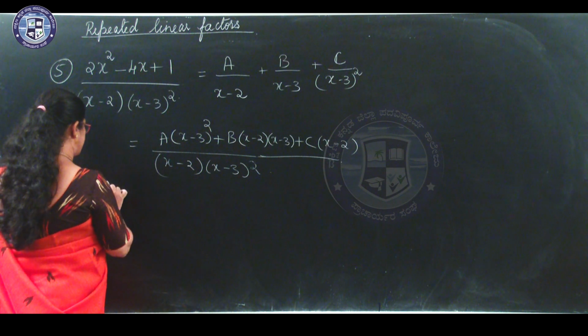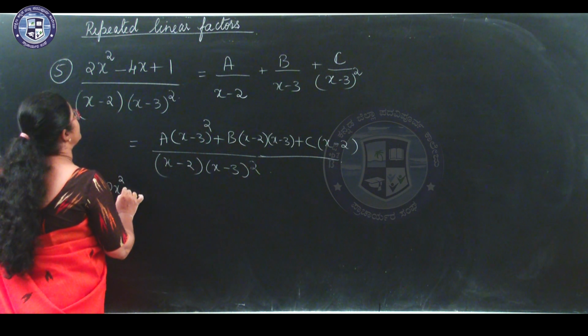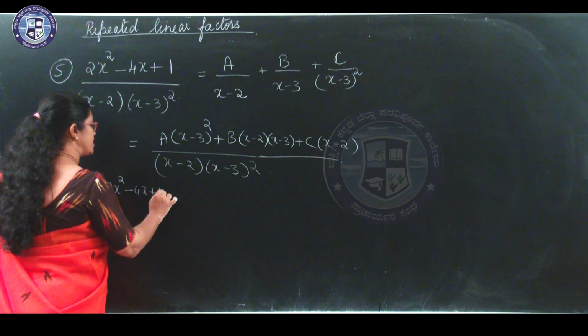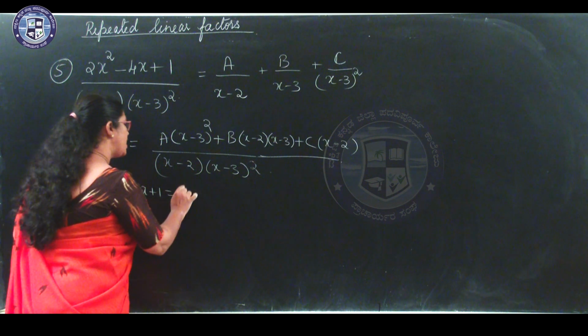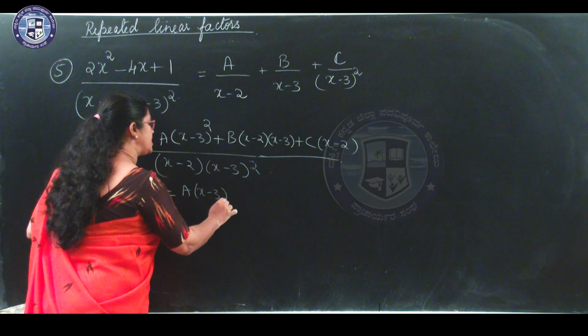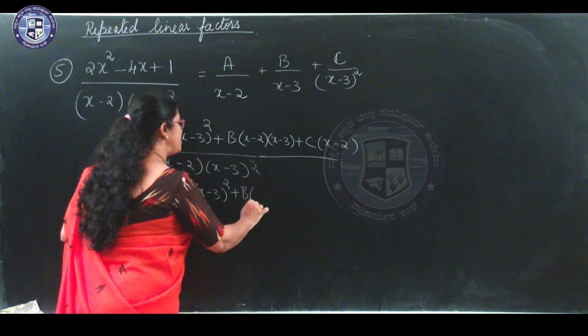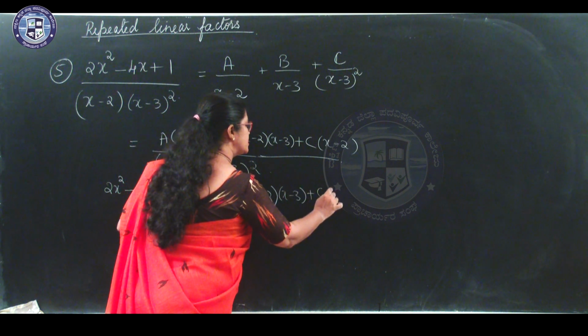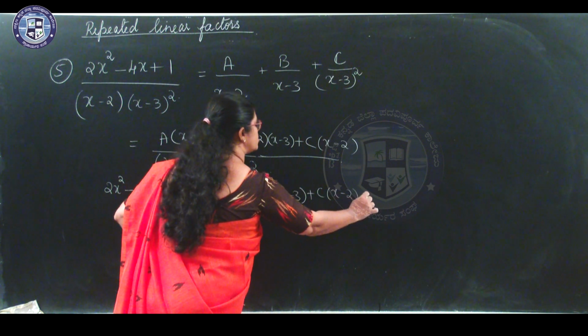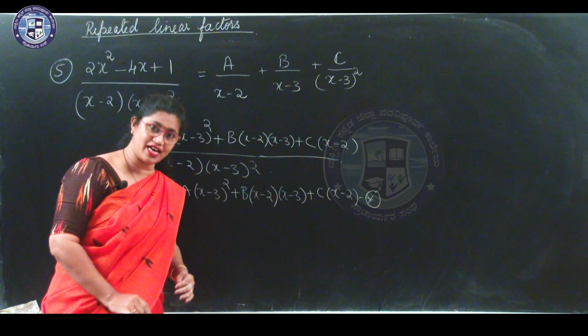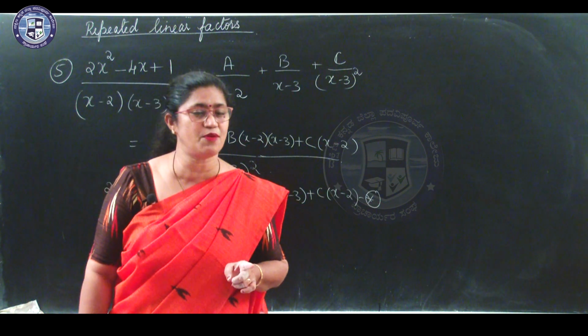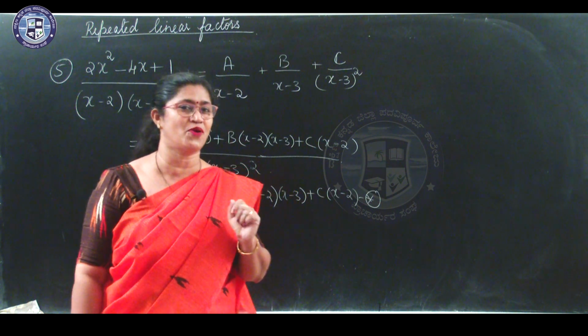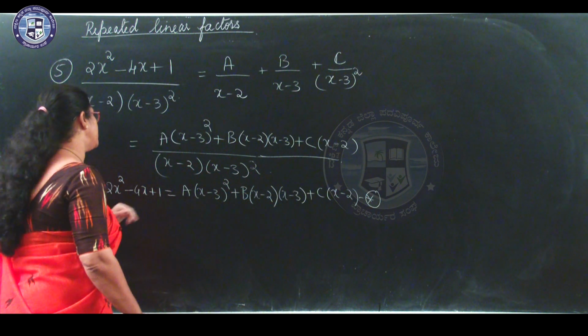Equate the numerators, you get 2x square minus 4x plus 1 is equal to a into (x minus 3) the whole square plus b into (x minus 2)(x minus 3) plus c into (x minus 2). Write it as star, and because it is a repeated factor I already know I am going for expanding this one.